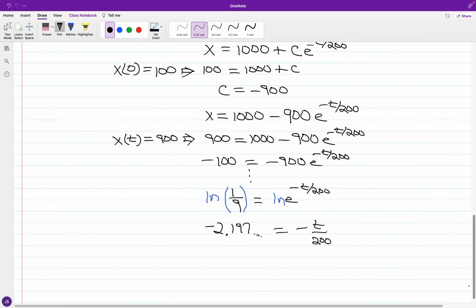Multiplying both sides by negative 200, it turns out that t is going to be about 439.4 seconds, and to the nearest minute and second, we're looking at 7 minutes and just over 19 seconds. And so that's about how long it's going to take for the amount of salt to go from 100 to 900 kilograms.